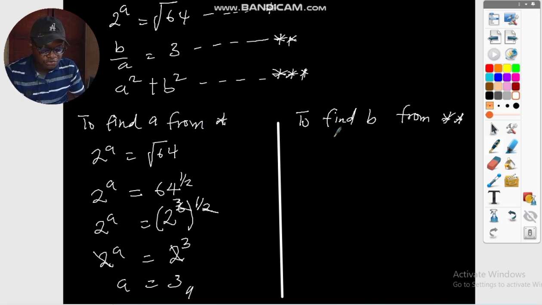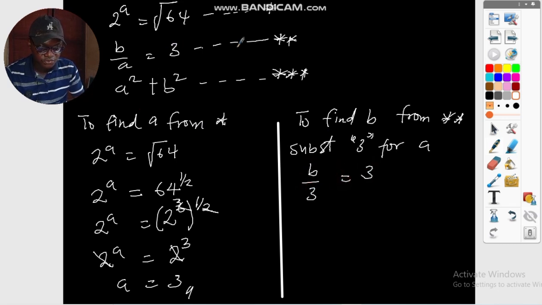So to find b from equation 2, I can simply substitute, because now we found a, substitute 3 for a. Whenever I see a, I put 3 instead. So it's going to be b over 3 is equal to 3. This is equation 2. So we just substituted 3 for a there.